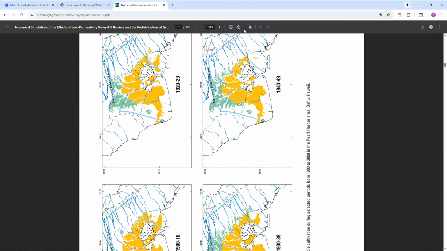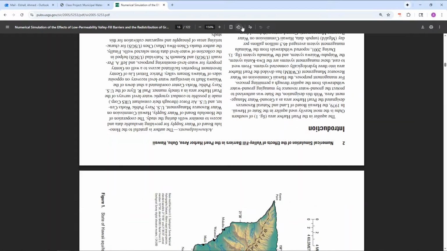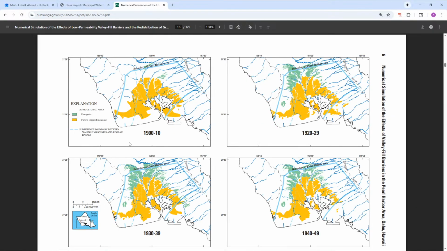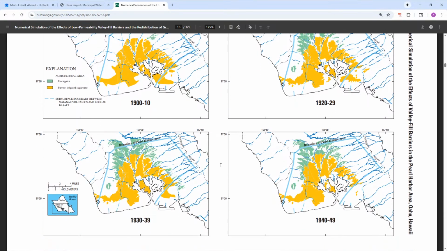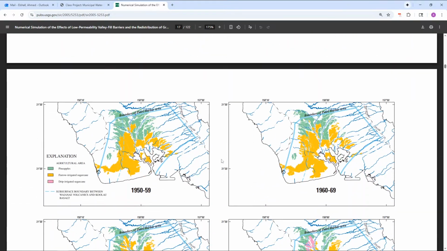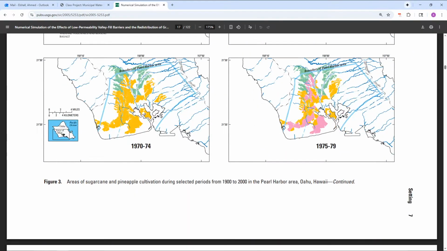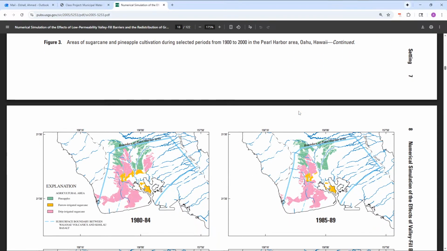You see maps for the 1910s. What were they mainly doing? A little bit of pineapple, but mainly sugarcane. Then it shows you how this is changing over time. Why is this information relevant? Because that's how you create stress on the water.